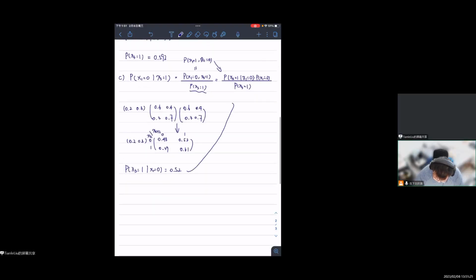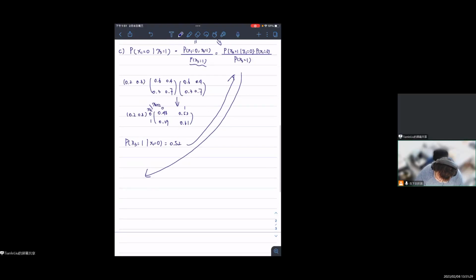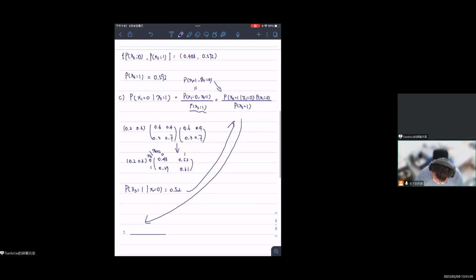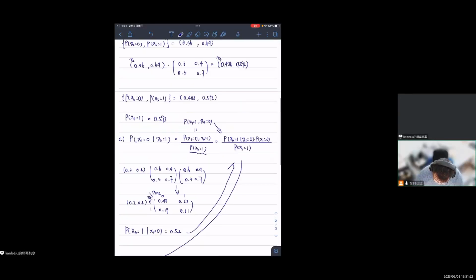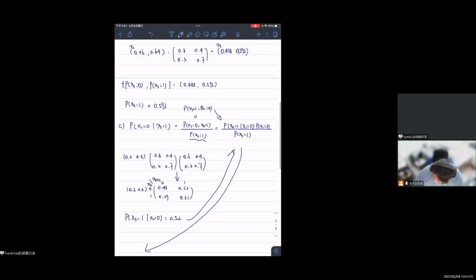Okay, bring it back and we can have the formula here, which is equals to probability of x3 equals to 1 is the 0.592, and the probability of the x3 equals to 1 given x1 equals to 0 is 0.52 multiplied by x1 equals to 0, x1 equals to 0 is 0.2.